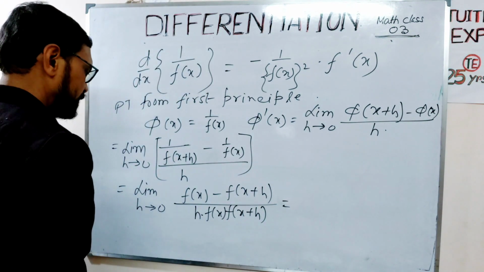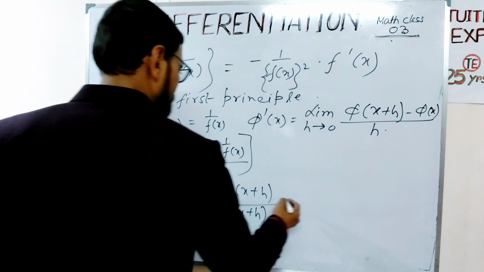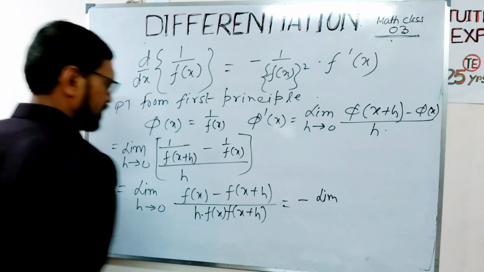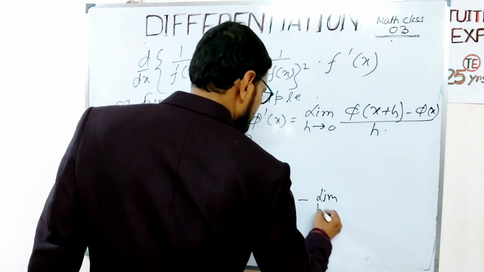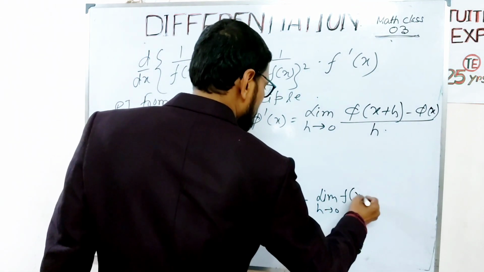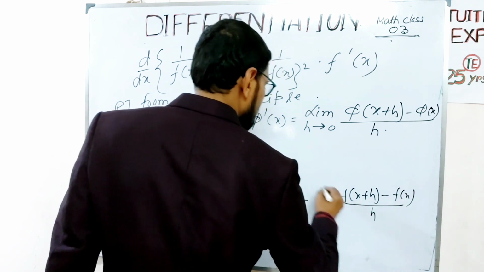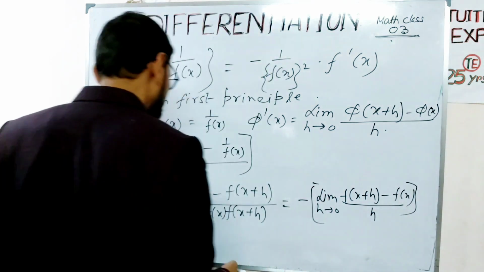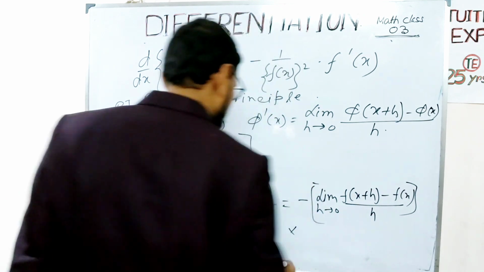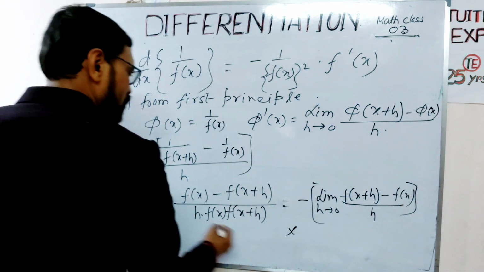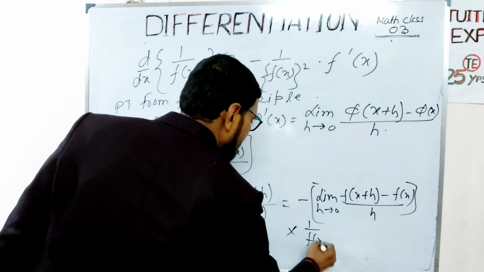So this becomes, if we take common minus limit h tends to 0 of [f(x plus h) minus f(x)] by h, this is f dash x, into what, 1 by f(x). Put here h equal to 0, we get 1 by f(x) square.